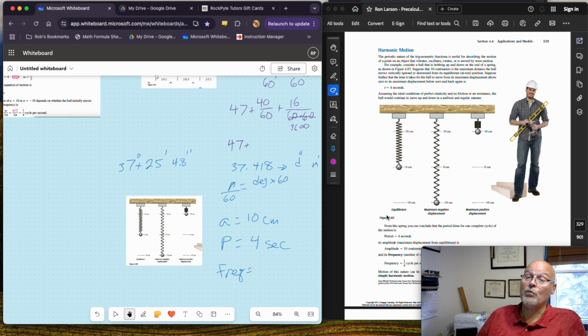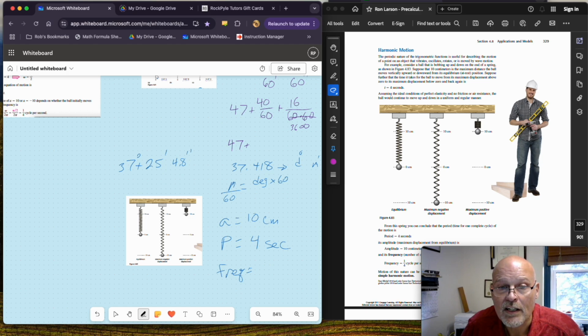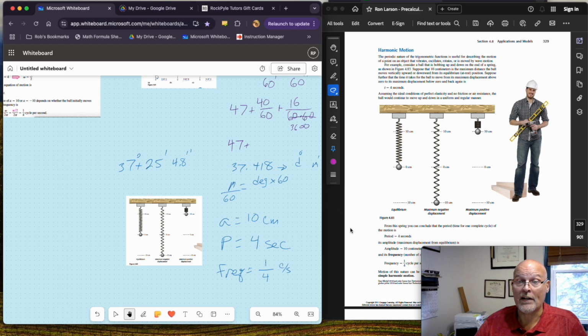Typically, electronics will move at 60 hertz or 60 cycles per second. In this case, if the period is 4 seconds, then the frequency is 1 cycle per 4 seconds, or 1/4. And that is how we set up the units for harmonic motion.